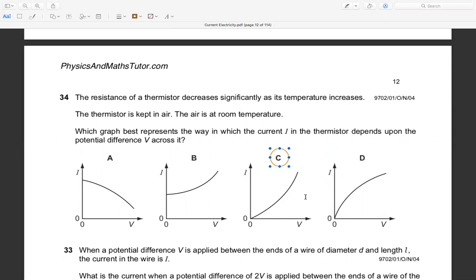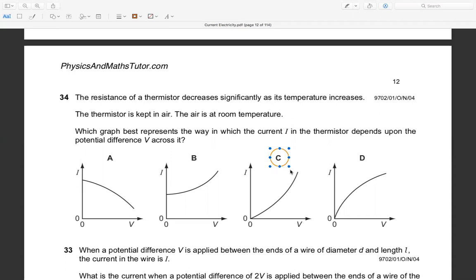So V and I will be relatively constant, not likely to increase here. V is relatively constant, but I continues to rise.